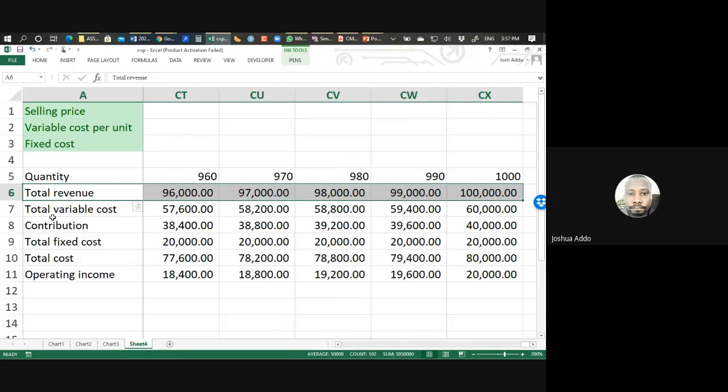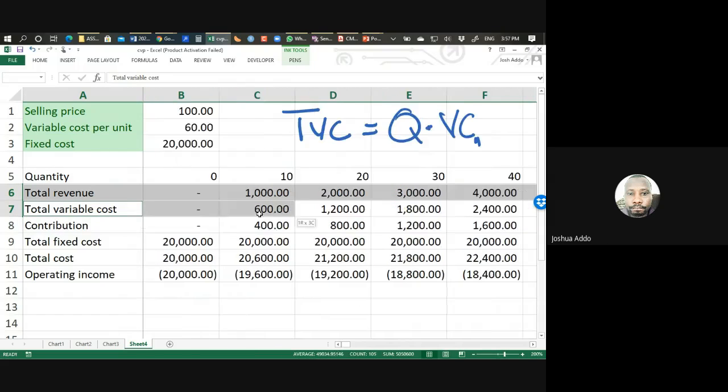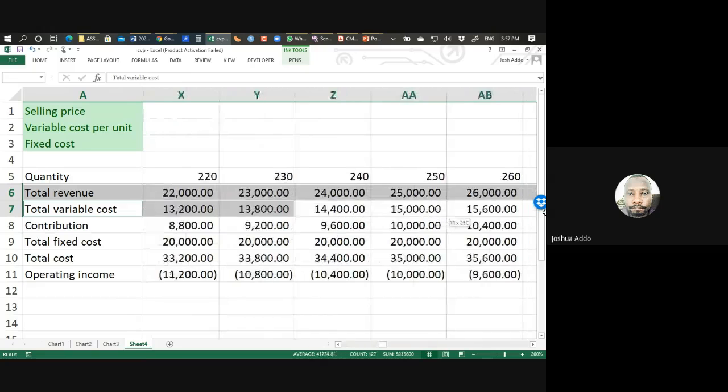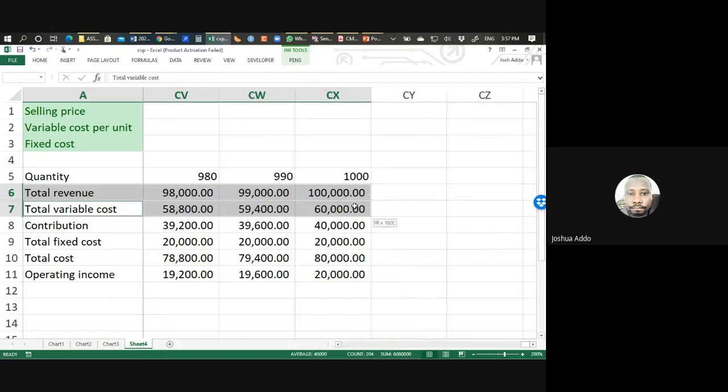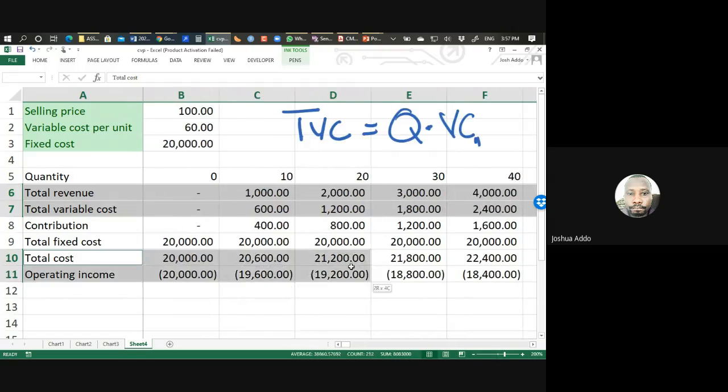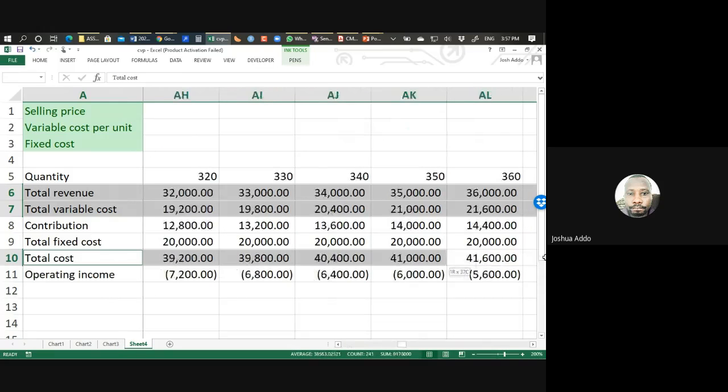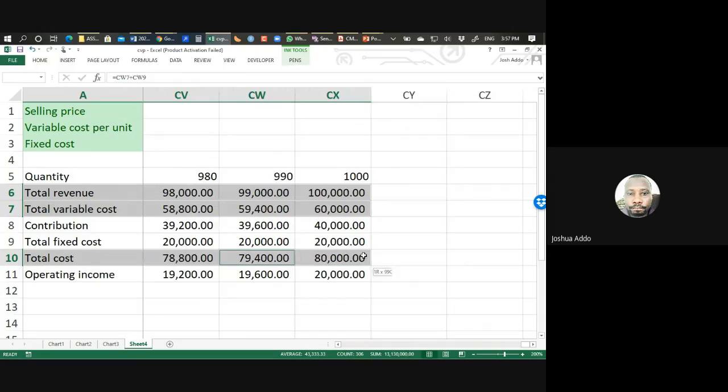Select total variable cost. In fact, you can just do whatever you want to do. I'm just experimenting with how the graph will look. The total variable cost. I'm going to select total cost.